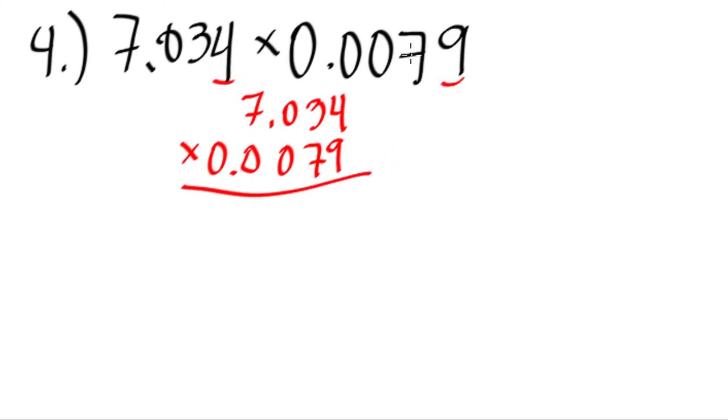That is where the alignment starts, with the last digits, not with the decimal points. Let's have it. 9 times 4 is going to give us 36. 9 times 3 is 27 plus 3, that's 30. 9 times 0 is 0 plus 3, that's 3. 9 times 7 is 63.